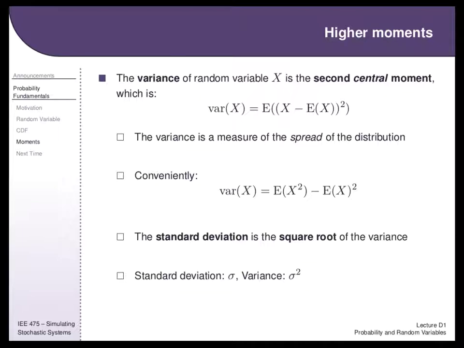Yeah? What are some examples of non-central moments? So this is a non-central moment. So it is a moment. What makes it a moment is it's the expectation of a variable, or it's the expectation of a function. And so it's a moment because you're going to take underneath the integral, you're going to integrate this thing times the mass.